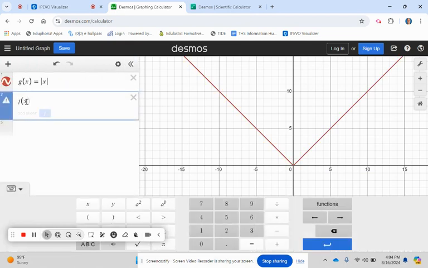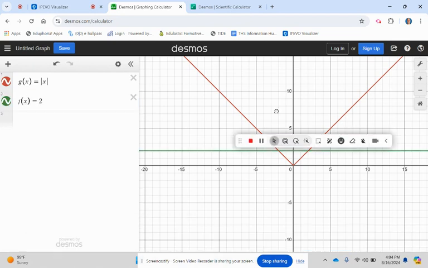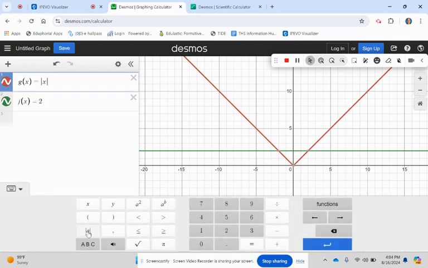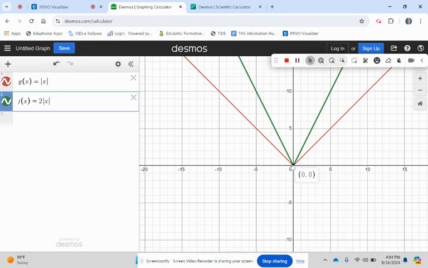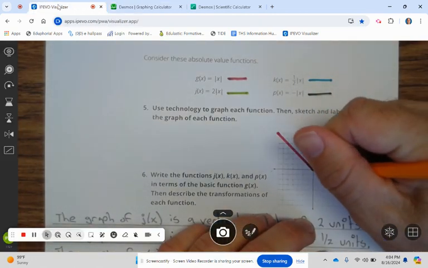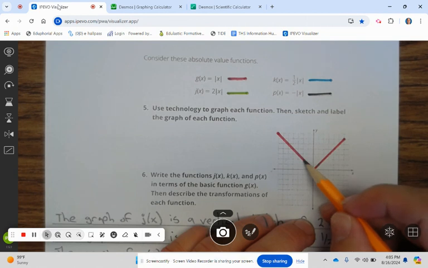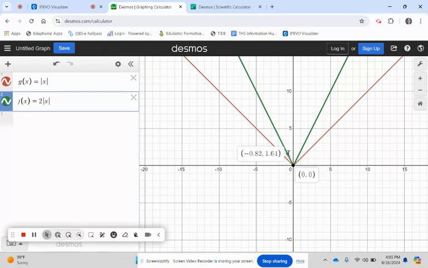J of x equals 2 times absolute value of x, and let's pick some points. Negative 5, 10 and 5, 10 are a little high, so let's see if we can pick something lower.